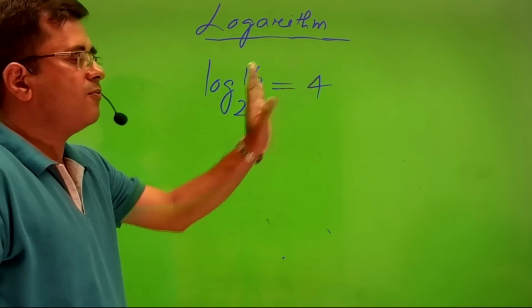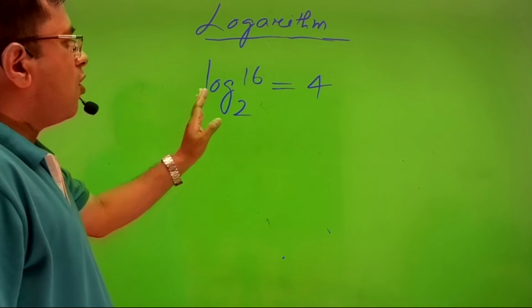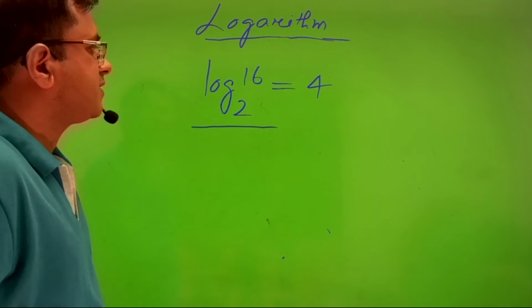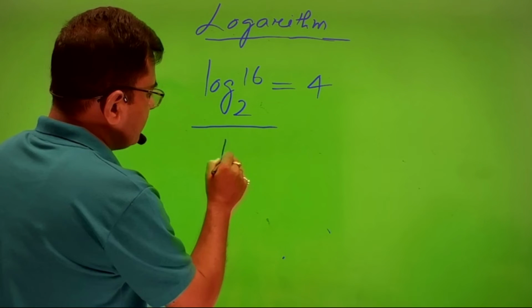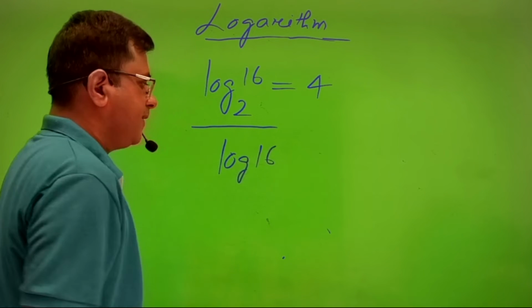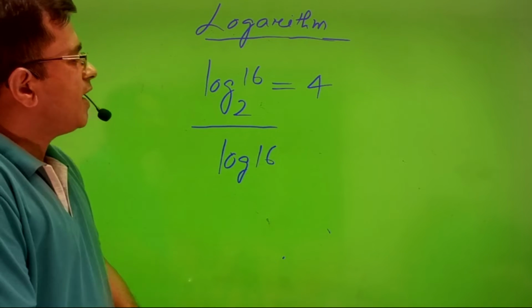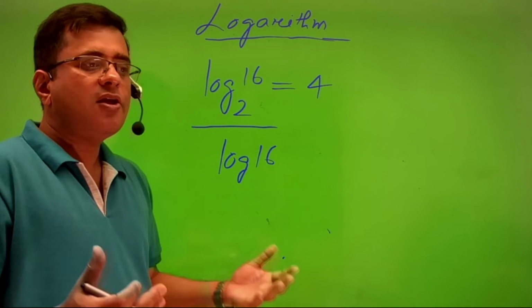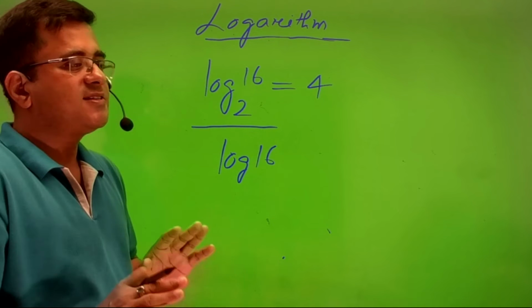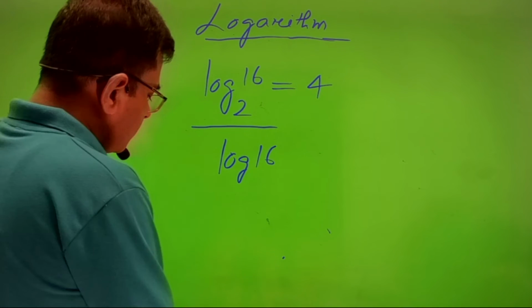The answer is 4. The log of 16 to base 2 is denoted like this. Sometimes we do not write the base. We write it as the log of 16. In most logarithms, when we do not write the base, we consider the base as 10.